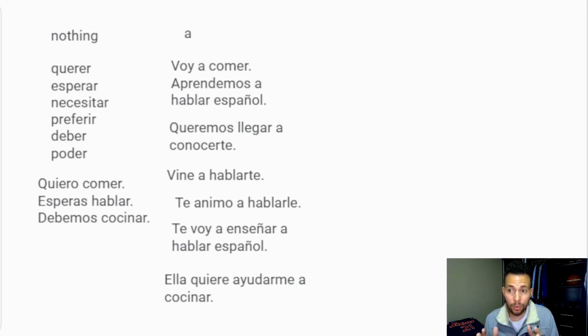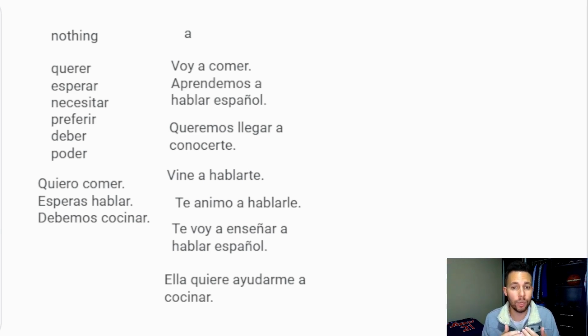Conocer is an infinitive verb, and we're attaching it to llegar there, another verb. And hablarte, vine a hablarte. Hablar, we're attaching it to a verb, and so on. You can see the infinitive verbs we are attaching to verbs just like in the first section, but the difference here is we're adding an a in between the two grammatical components.